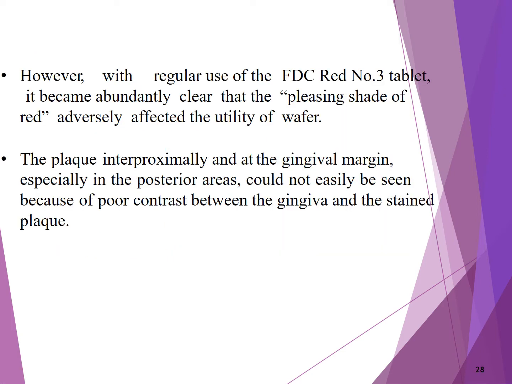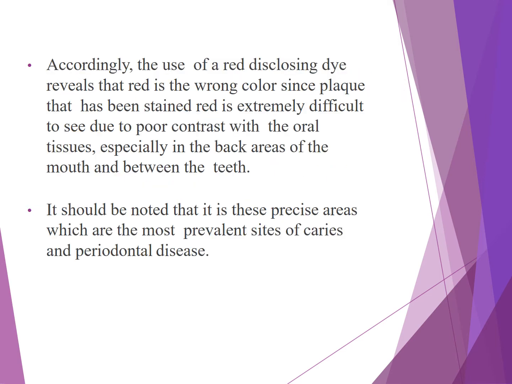However, with regular use of FDC red number 3 tablets, it becomes abundantly clear that the pleasing shade of red adversely affects the utility of the wafer. The plaque interproximally and at the gingival margin, especially in the posterior areas, could not easily be seen because of poor contrast between the gingiva and the stained plaque.